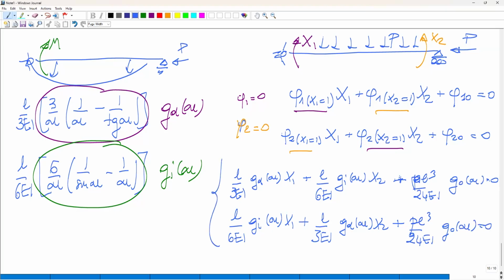This is your system of compatibility equations. These are compatibility equations because here we are asking the rotations to be 0. Now you have two ways of solving this system.